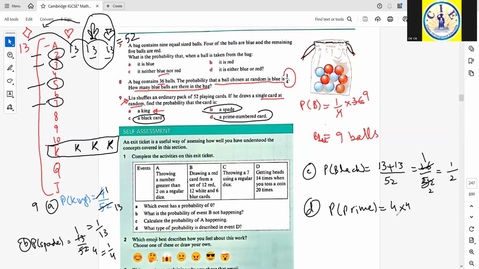That is 16 divided by 52. 4 fours are 16 and 4 thirteens are 52. So 4 by 13.